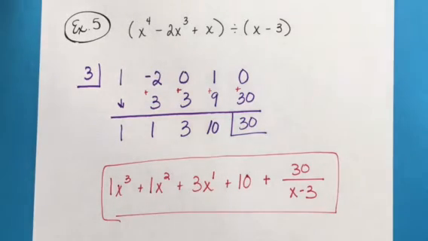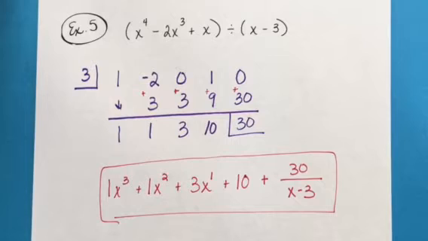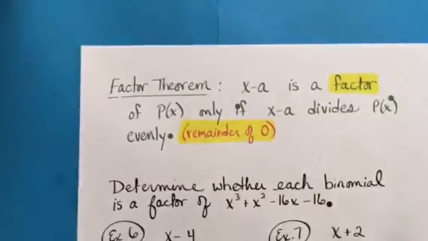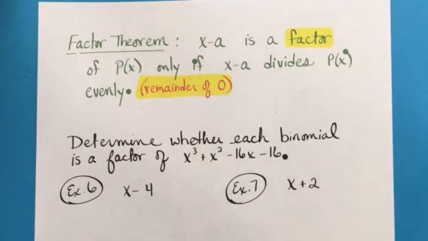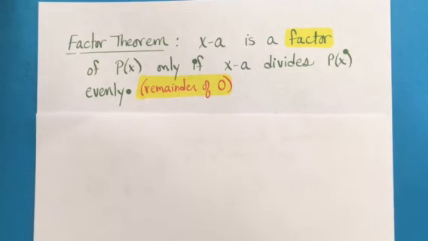So what I'm going to do next is show you something that you can figure out by doing synthetic division. So first of all, let's talk about what's called the factor theorem. x minus a. If you were to take something and factor it, of course factoring is something that we've already done a few times.